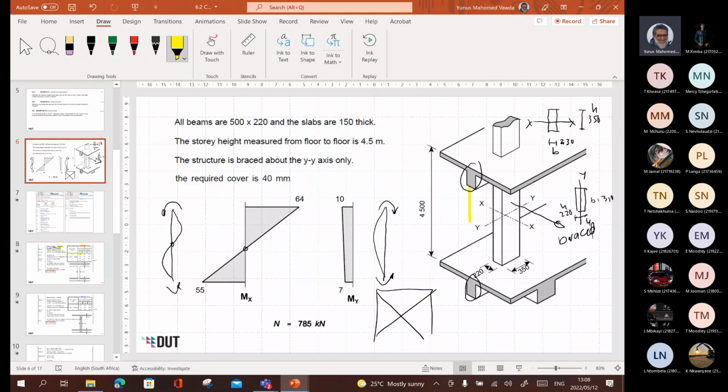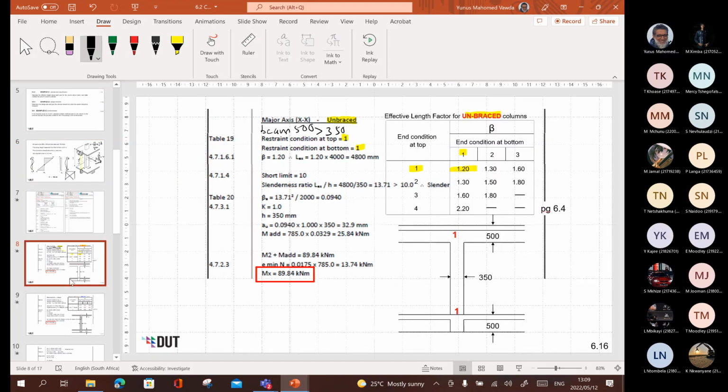So it's this height here, which is going to be 4,500 minus this depth of 500. That gives me 4,000 clear LO. Going back, I've got 1.2 times 4,000, 4,800.